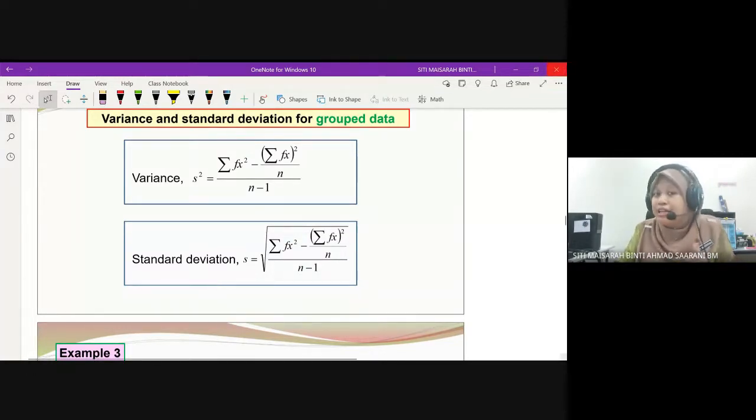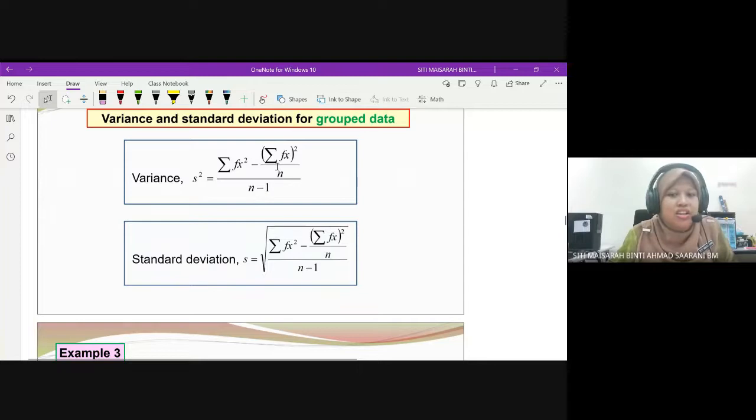Ni benda yang tak sama. Yang ni fx square maksudnya f darab dengan x square. X tu yang square. Yang ini sum fx, semua tu di kuasa 2. Dia beza lah, bukan sama.